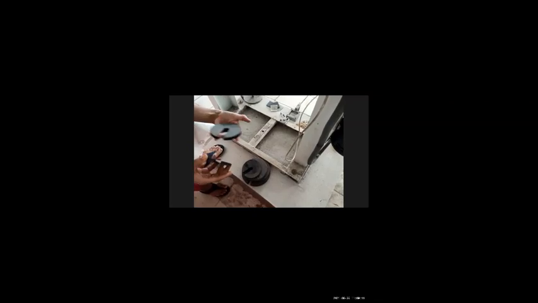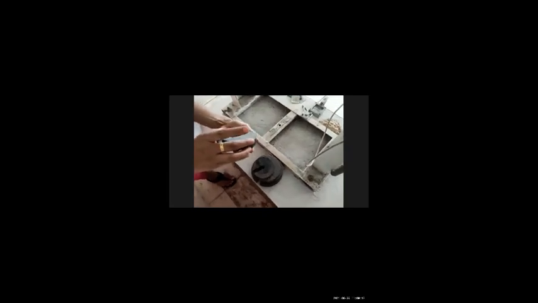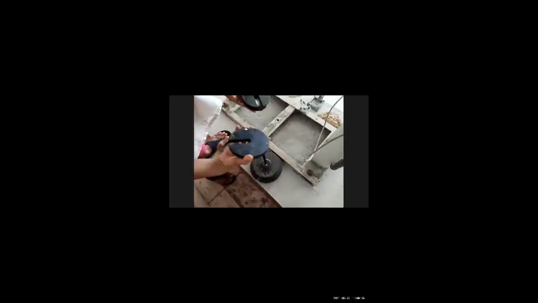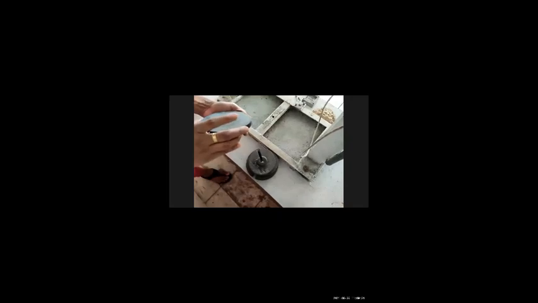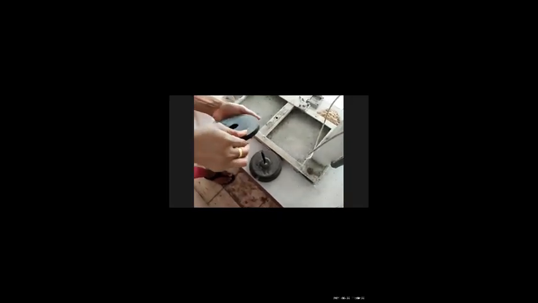These are weights of 0.05 kg, again 0.05 kg, and 0.1 kg.